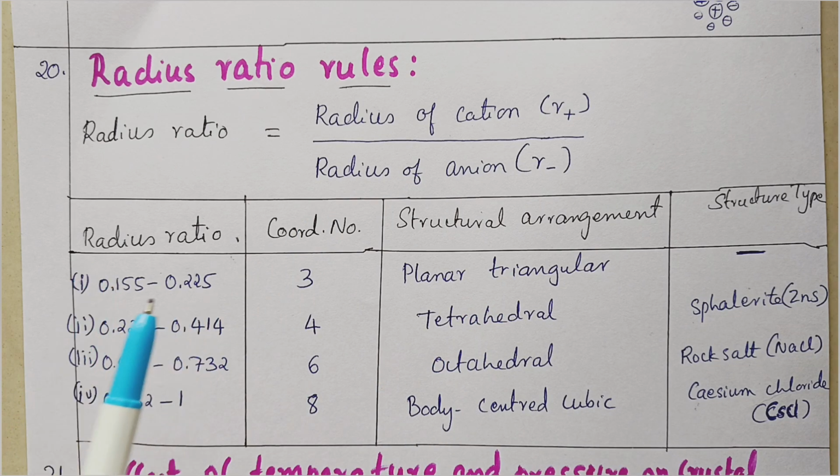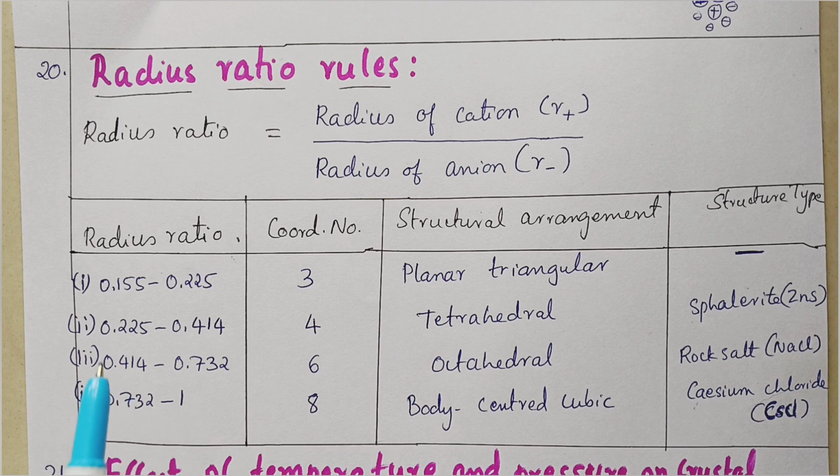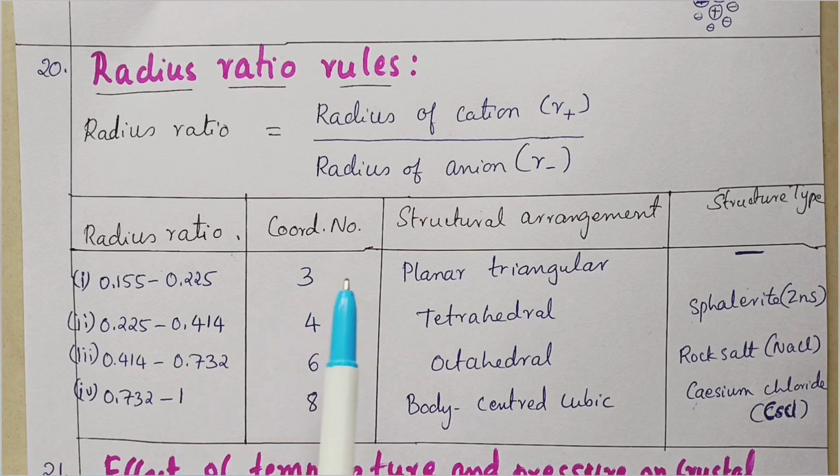As is evident, when the radius ratio is high, the coordination number is also high. When the radius ratio is from 0.155 to 0.225, the coordination number is small, it is 3. The structure would be planar triangular. For radius ratio from 0.225 to 0.414, the coordination number would be 4 and it will have a tetrahedral structure.